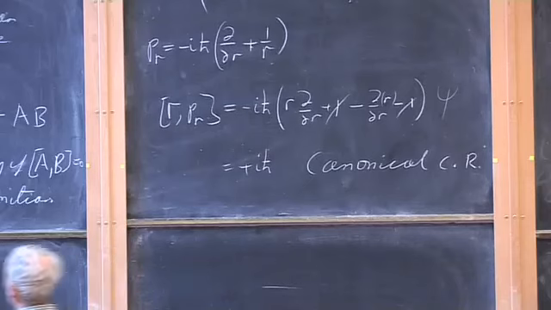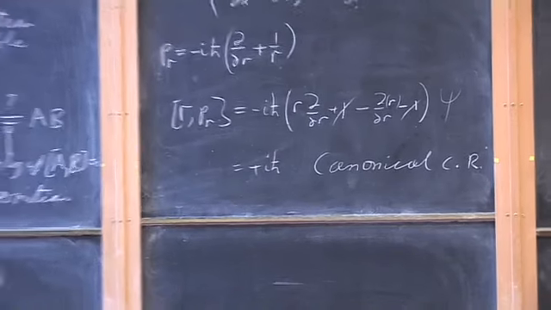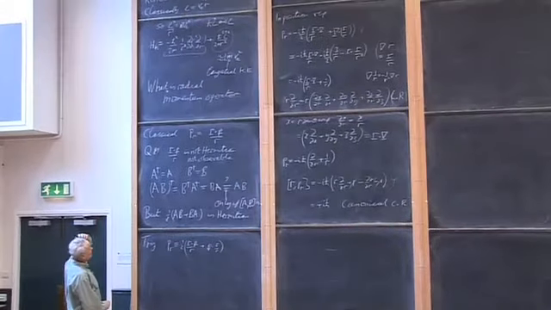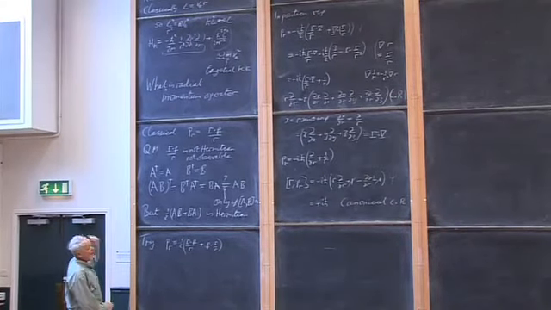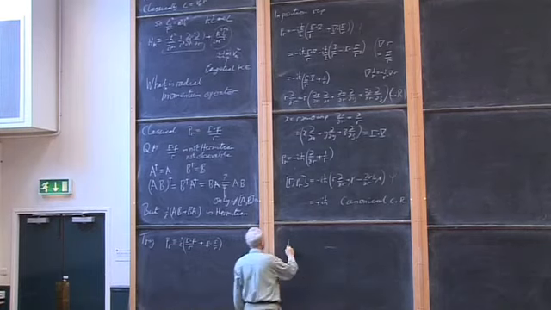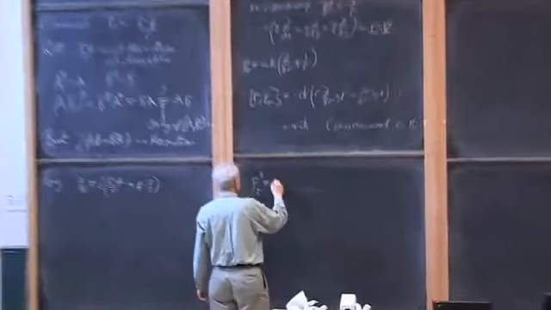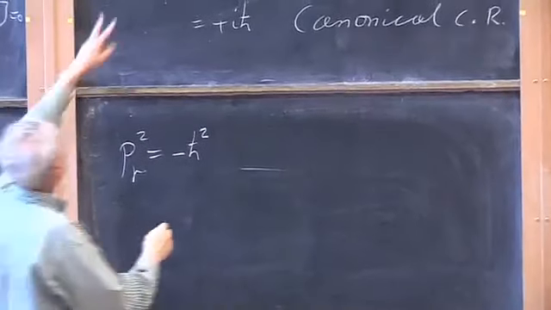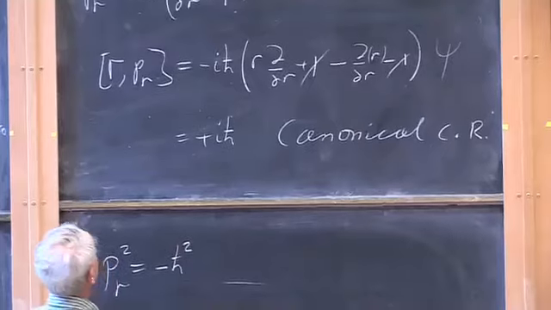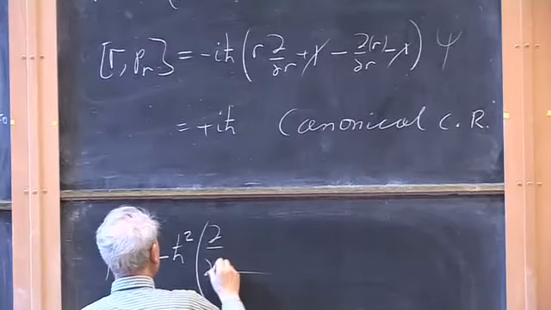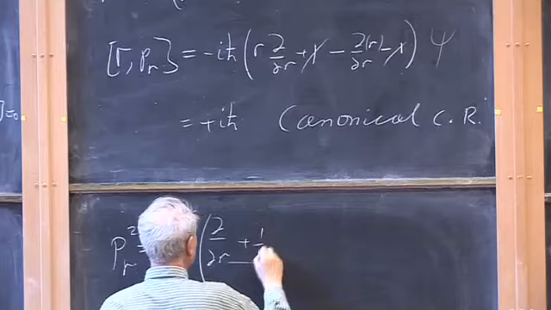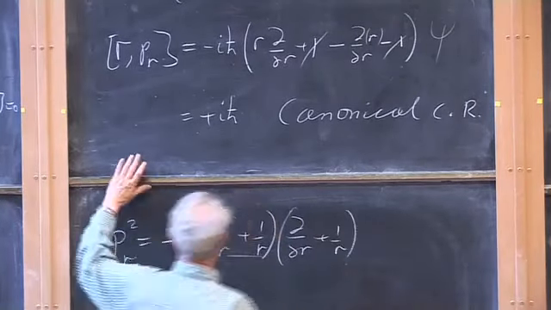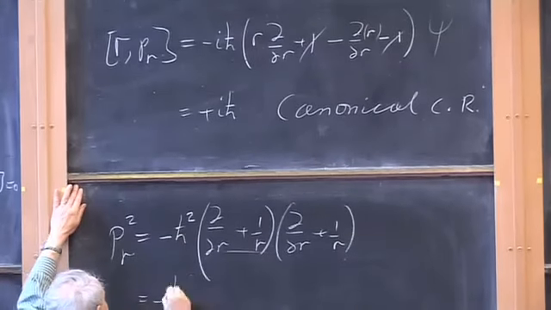Okay, so what are we really trying to do here? We're trying to show that 1 over r squared d by dr of r squared d by dr is essentially PR squared. So let's calculate PR squared. PR squared is going to be minus h bar squared, because there'll be two minus i h bars, and then it's d by dr plus 1 over r, brackets, d by dr plus 1 over r, which is equal to minus h bar squared.